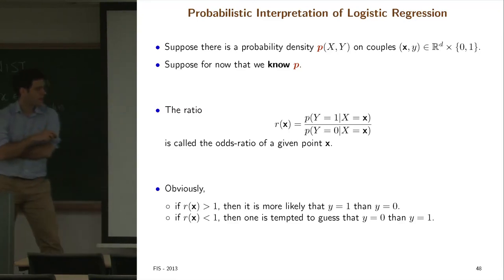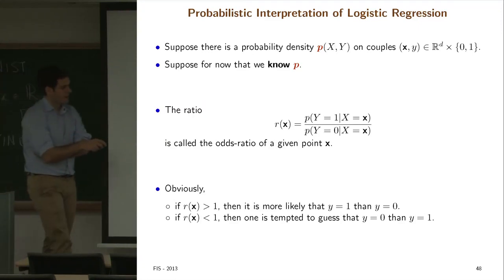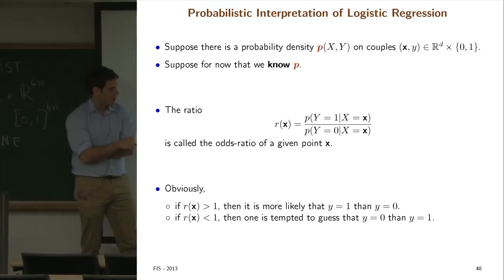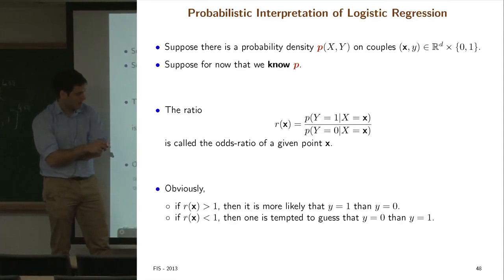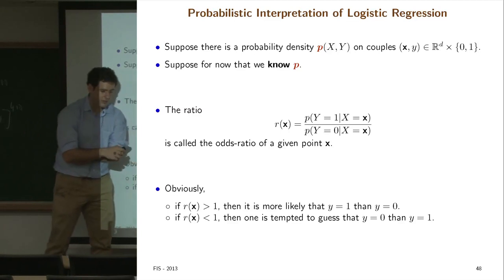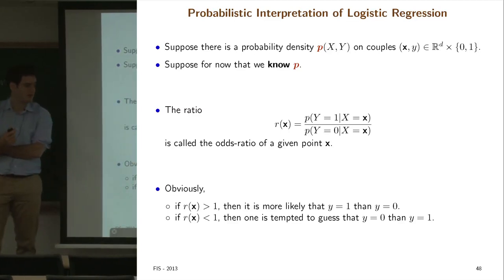If you look at the ratio that I'm forming here, it is the probability that y equals 1 conditionally to x equals x, divided by the probability that y equals 0 conditionally to x equals x. If you're not familiar with the probabilistic language, this is just the following idea.